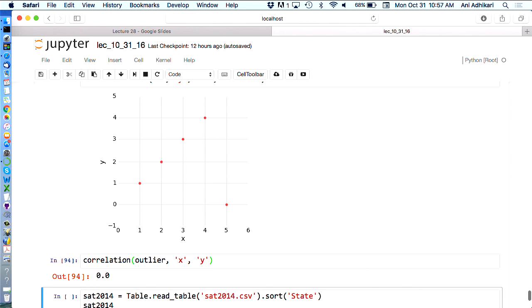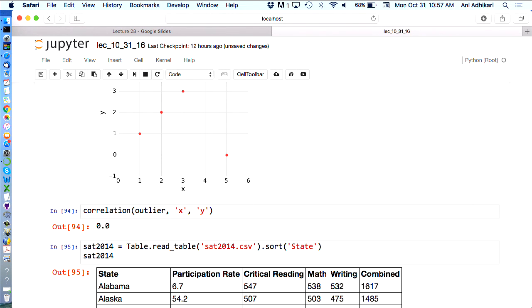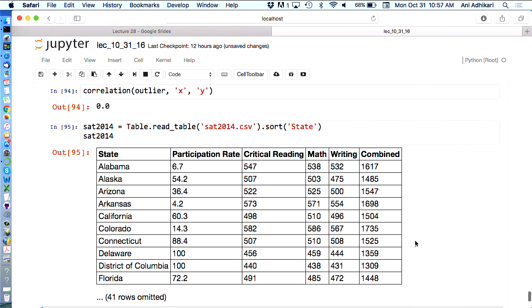Okay. So outliers matter. And finally, I want to show you something that is perhaps slightly less obvious. These are the SAT scores. The SAT has all changed this year, right? But I think when you took it, it was still critical reading, writing, and the other thing, whatever that was called. And so there was a combined score out of 2,400?